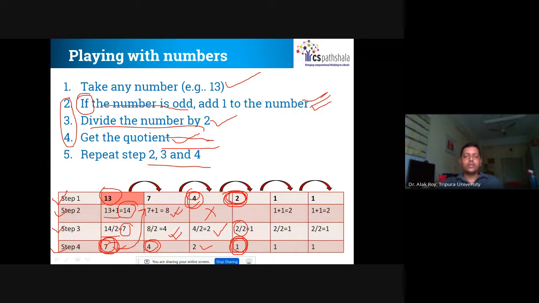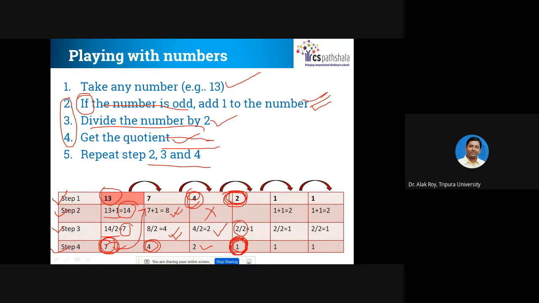Sorry, I should spell it as quotient. So 1 is an odd number. So 1 plus 1 is 2. Okay. So these steps will repeat. It is a never ending process because every time you will get 1 and you will do this same process and this will continue. So this is an example of an iterative statement. Okay. It is a never ending process.